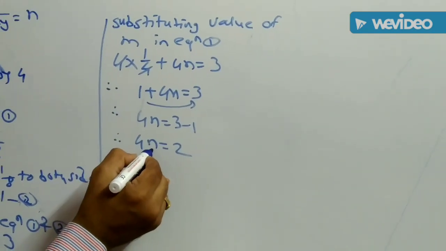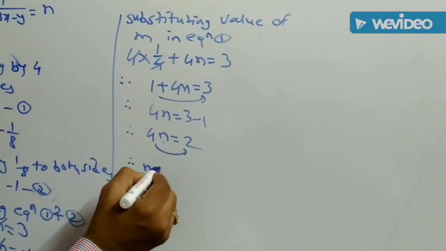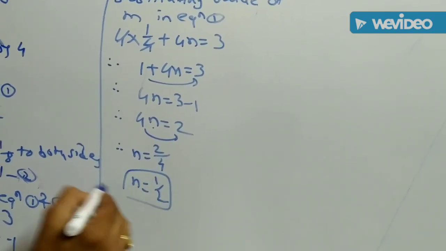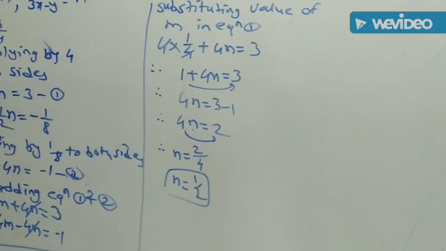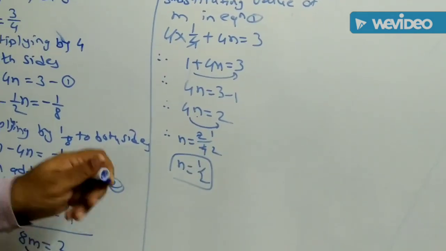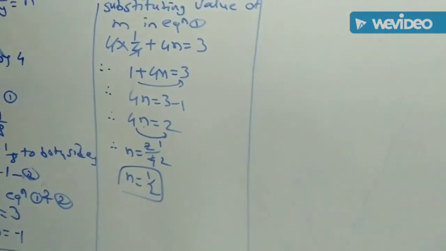Now to find the value of n, multiplied 4 gets converted to division, and 2 upon 4, both are multiples of 2, therefore both are divided by 2. 2 ones are 2, 2 twos are 4. n is equal to 1 half.